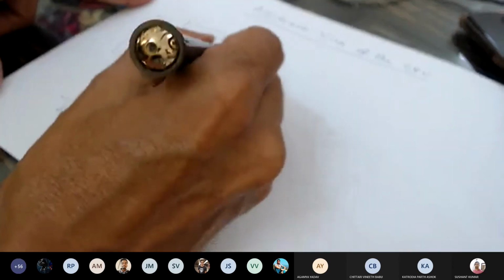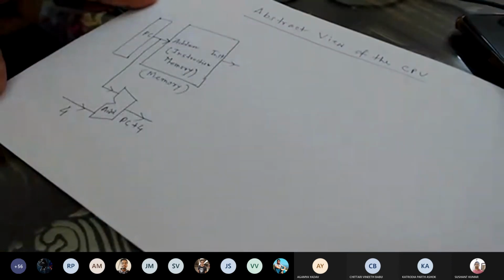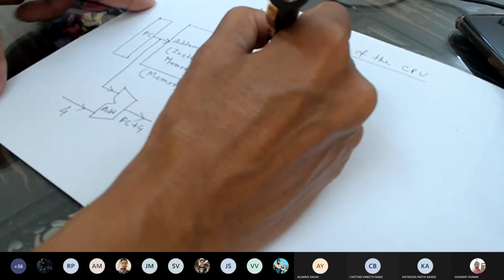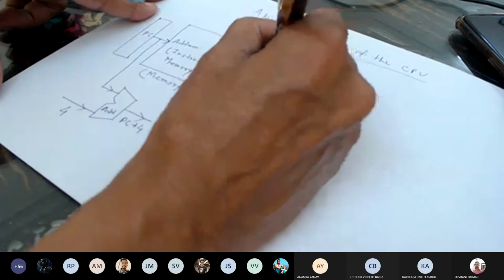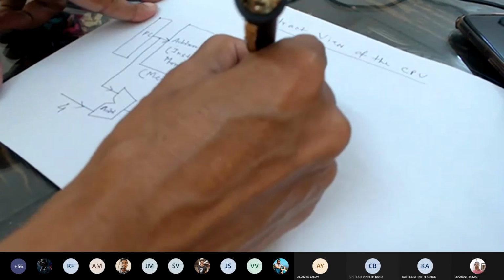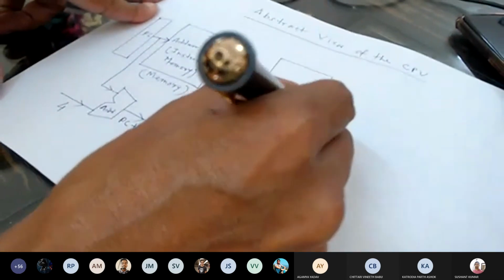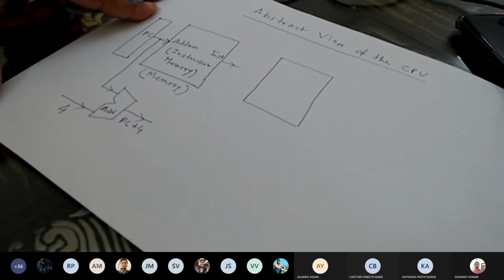Now, the instruction comes here and tries to fetch or get the values.